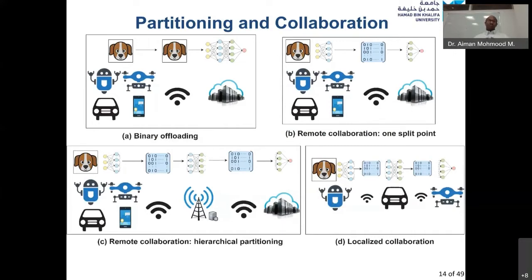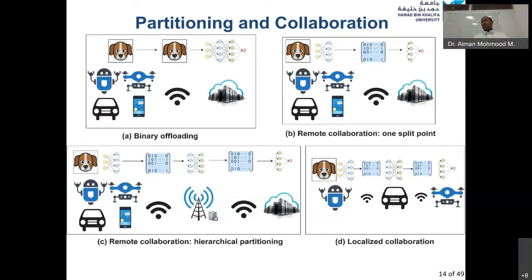So there is binary offloading, where this deep neural network is complex and it can run efficiently in one place, but it might be too large to run in the device, so it might be offloaded totally to the cloud. And now we have to capture the data at the end device and send that raw data all the way to the backend, similar to the traditional cloud-based architectures.